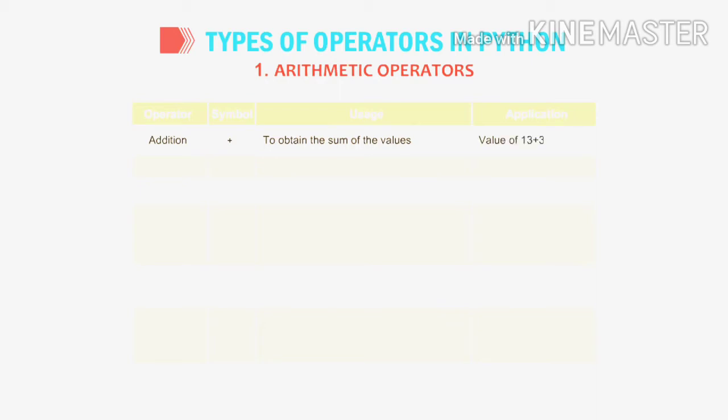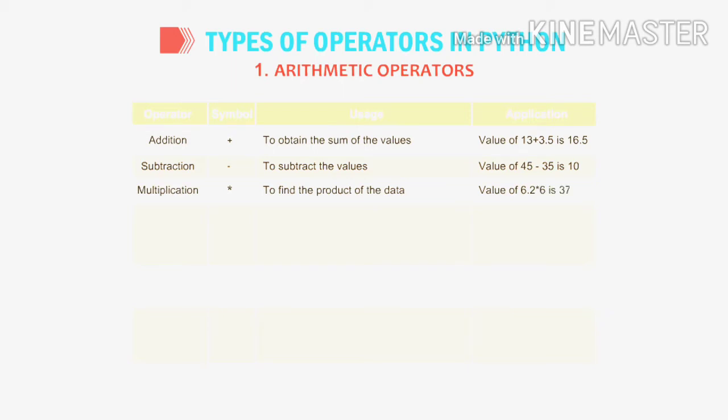The value of 13 + 3.5 is 16.5. This is the example. Second one is subtraction. You people know very well about it, to subtract the values. Clear? And the multiplication, a star mark is used to multiply.